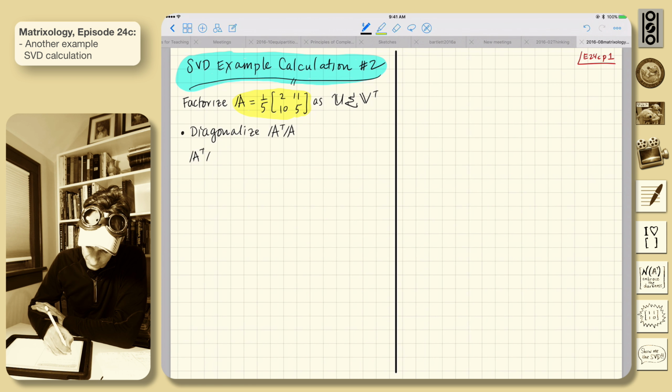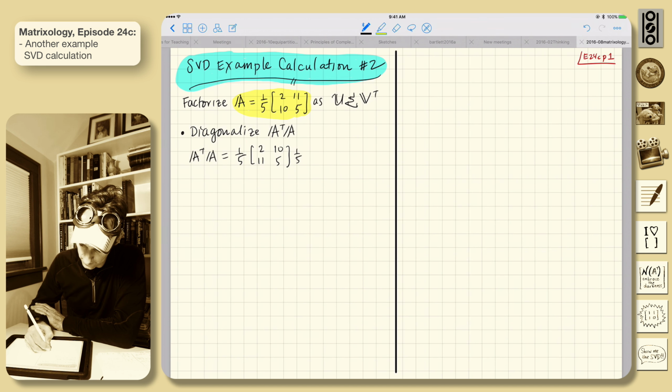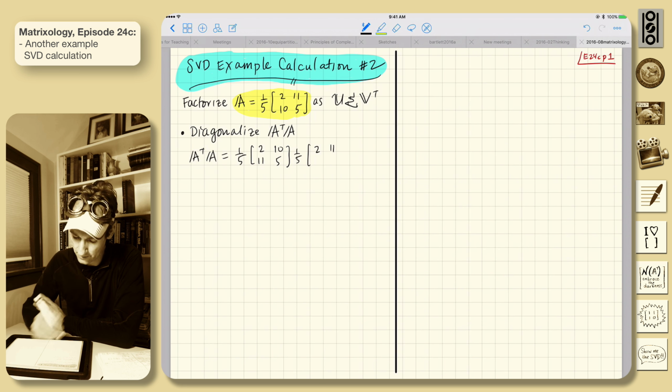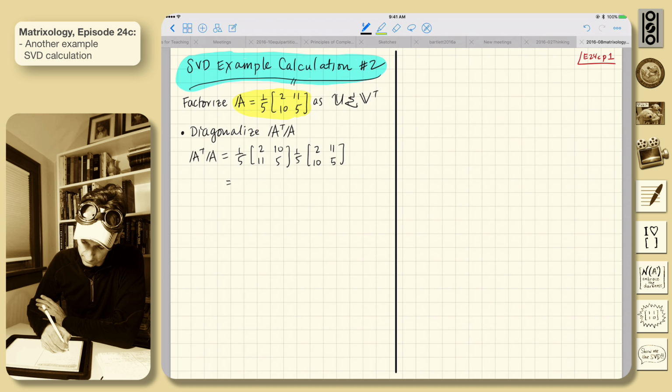A transpose A is equal to 1/5, and then we take this transpose, 11, 10, 5, 1/5, 2, 11, 10, 5.